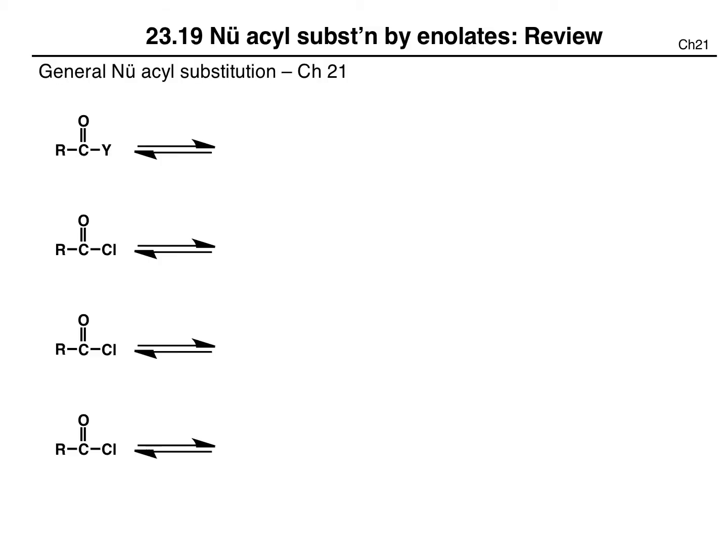In a few earlier chapters, we talked about reacting a nucleophile with a carbonyl-containing compound. So the nucleophile can share electrons with the carbonyl carbon, push these electrons up onto the oxygen, and that will give us this type of intermediate.